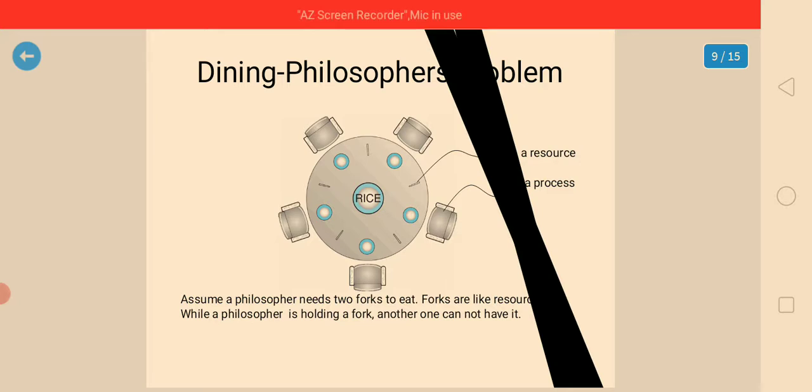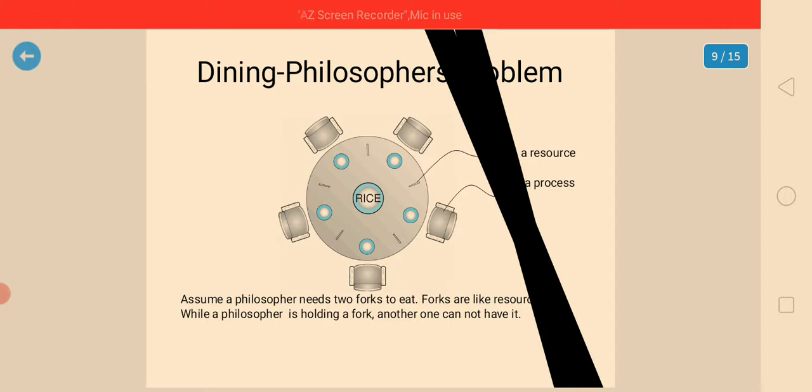The forks are the resources, and the chairs are the processes.